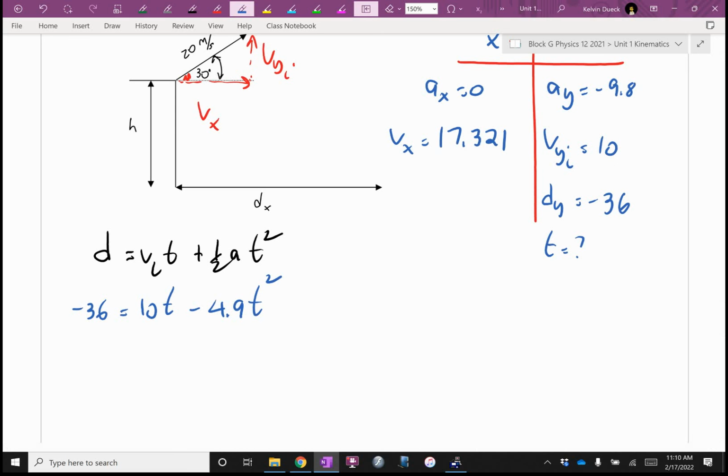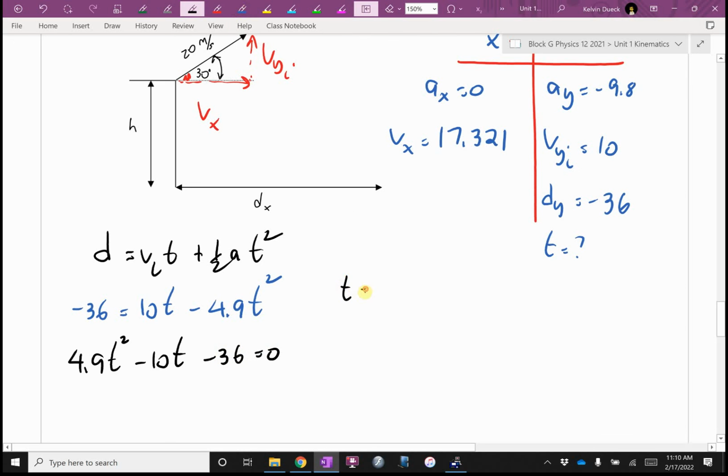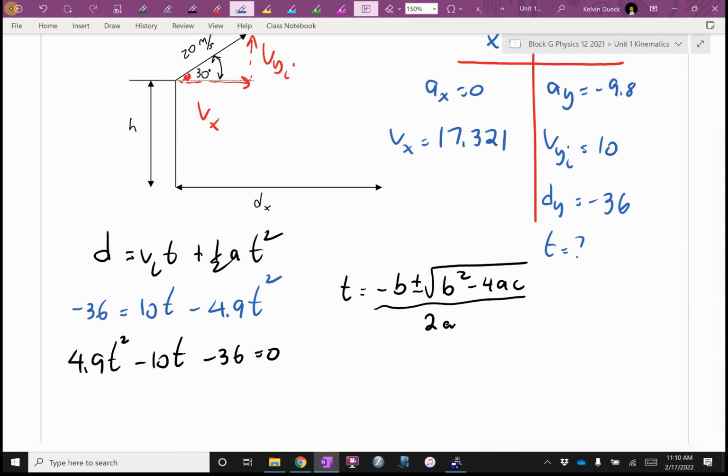Make it equal to 0. Positive 4.9t squared, take away 10t, take away 36, that equals 0. Now I can go t equals negative b plus or minus the square root of b squared minus 4ac all over 2a.